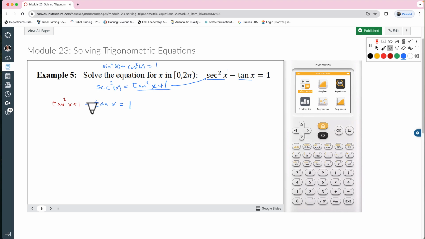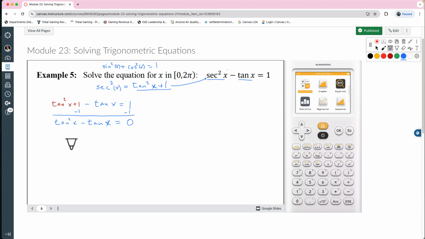So let's clean this up a little bit. We see a 1 on both sides. We could subtract 1 from both sides. That gives us tangent squared x minus tangent x equals 0.